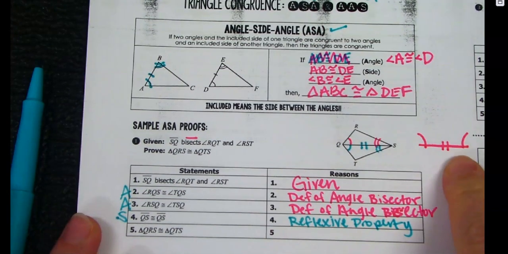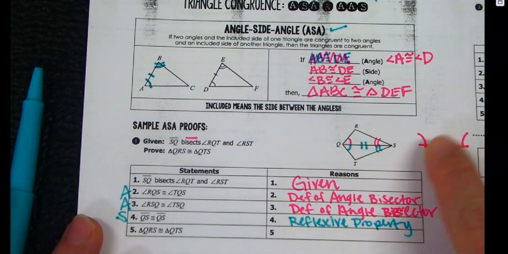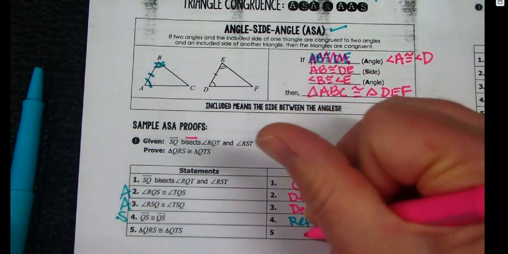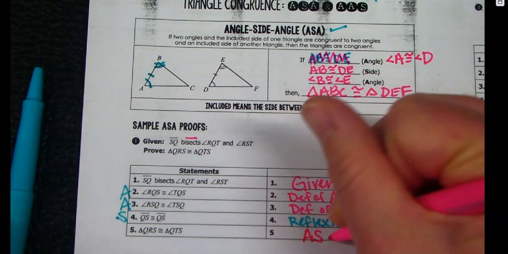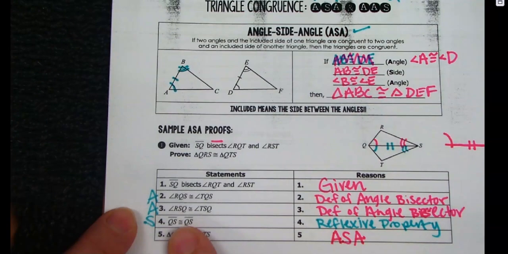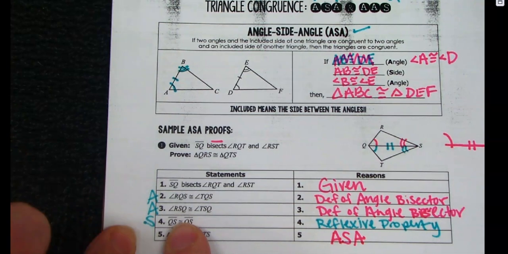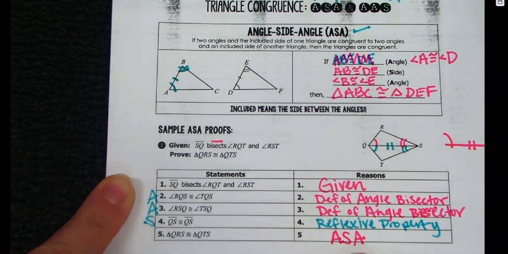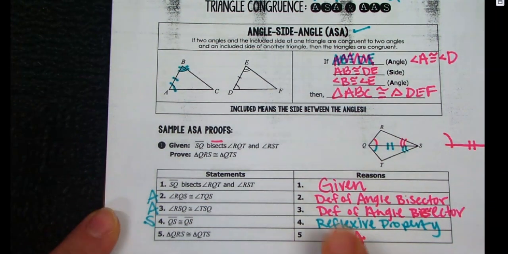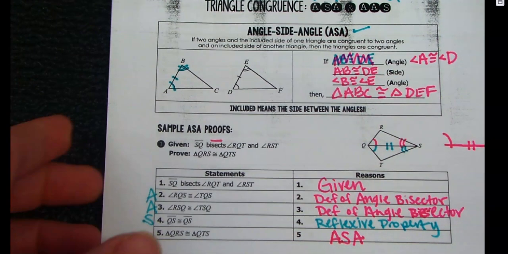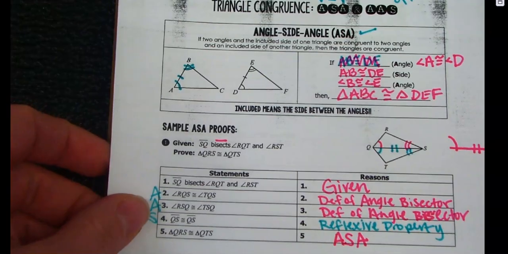The angle touches this here, the angle touches this here, so it is touching the included side. So this is angle, side, angle. Even though that's not what it looks like here, that's okay. You have to make sure you put it in the right order when you write out your proof. It's very important with this lesson because we're dealing with two angles and a side no matter what.